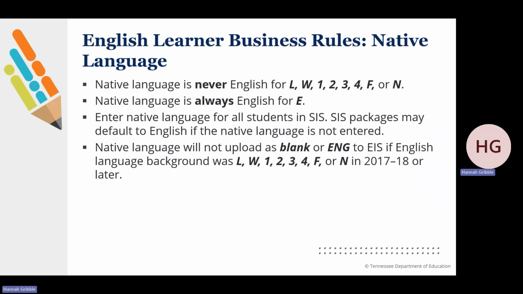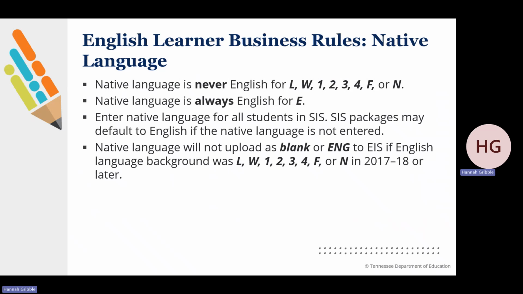Native language is never English for L, W, 1, 2, 3, 4, F, or N. Native language is always English for E. Enter native language for all students in your SIS.